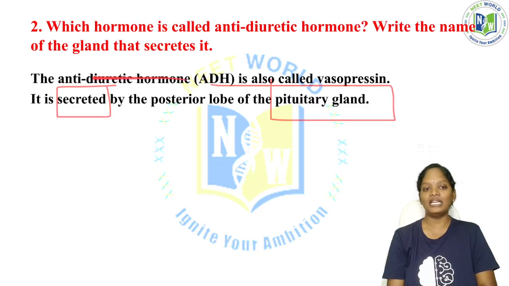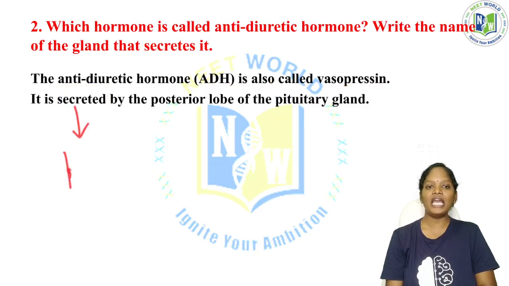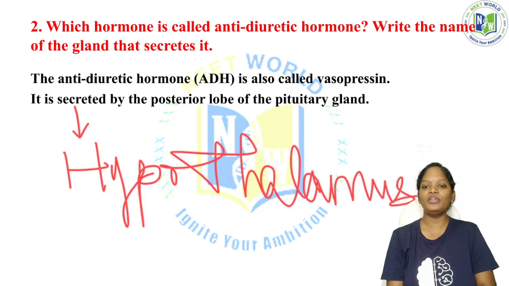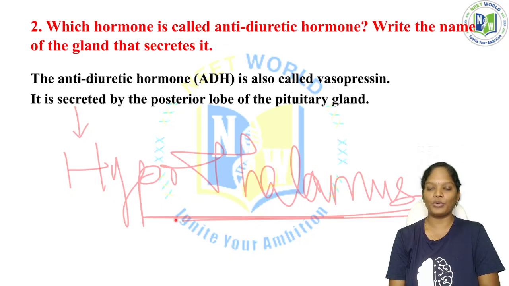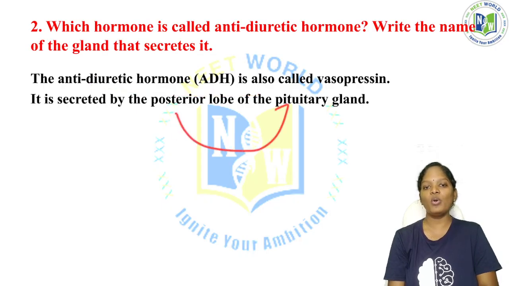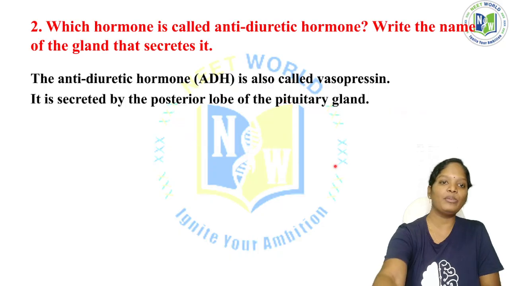Okay, but instead it is secreted by the hypothalamus. It is secreted by the hypothalamus, and the only thing the posterior pituitary does is store it. Okay, so the antidiuretic hormone is synthesized by the hypothalamus and it will be stored in the posterior lobe of the pituitary. Okay, so this is the proper answer.